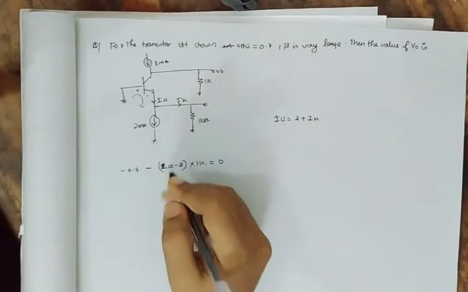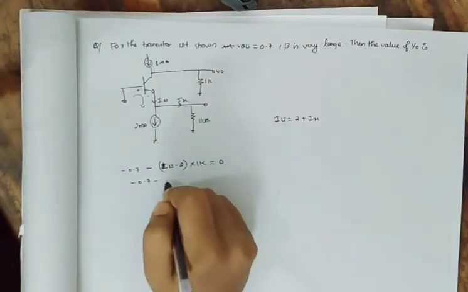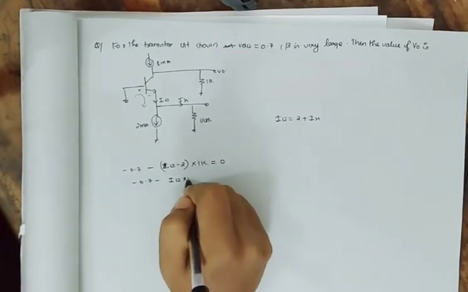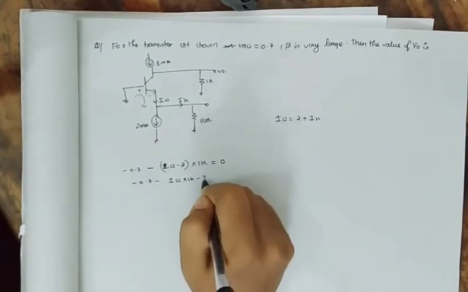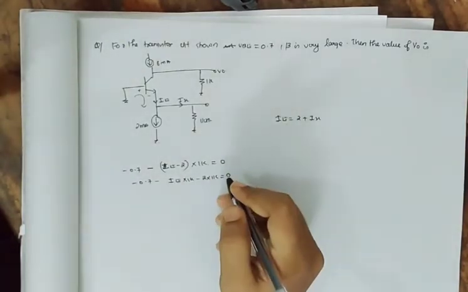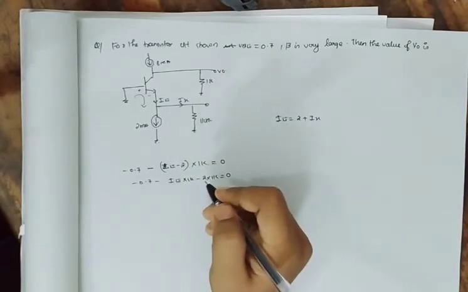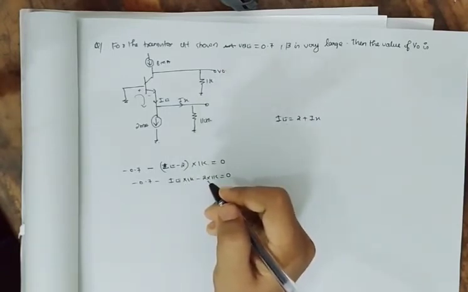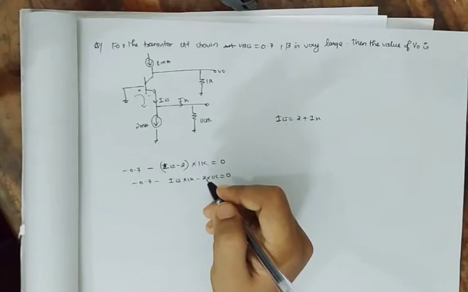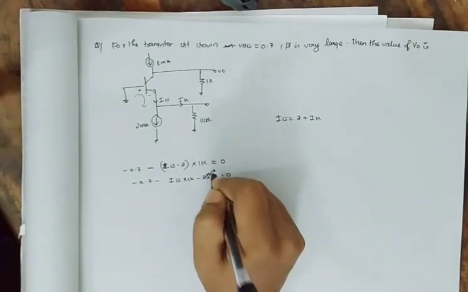From here, after opening the bracket, we get minus 0.7 minus IE into 1K minus 2 into 1K equal to 0. Into 10 raised to minus 3, right?